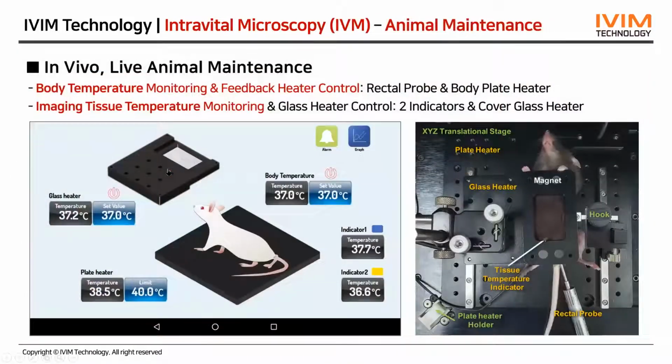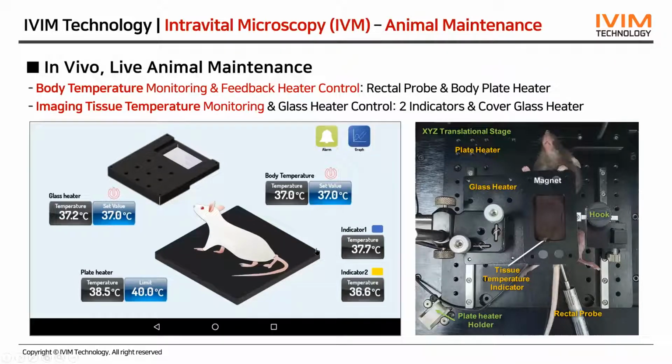Another requirement for live animal imaging is to maintain the animal during the imaging. The most important part is body temperature monitoring and control. All our IntraVital microscopes have a heating pad and an electric probe body temperature monitoring sensor, and the temperature control and monitoring systems.